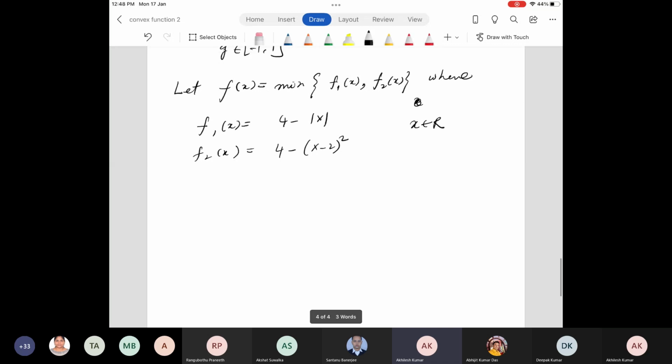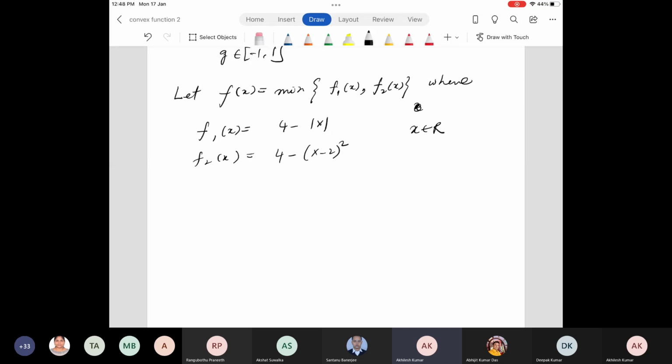First, draw the minimum of f1(x), f2(x). To define this, first define how f of x looks, and then you can draw it easily.